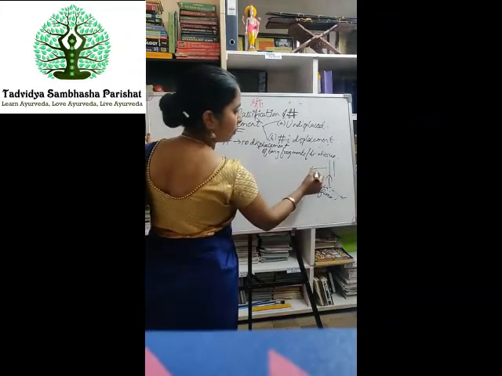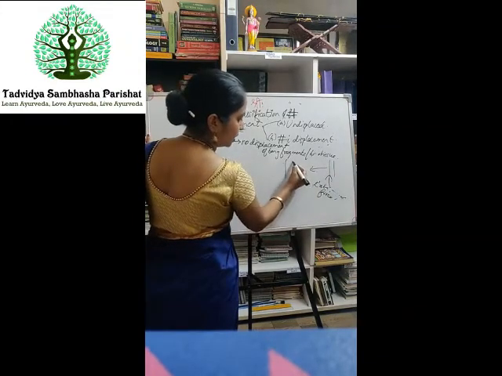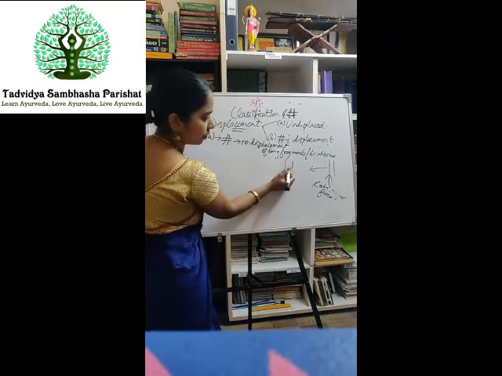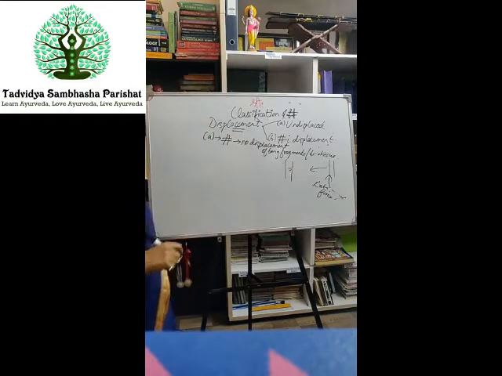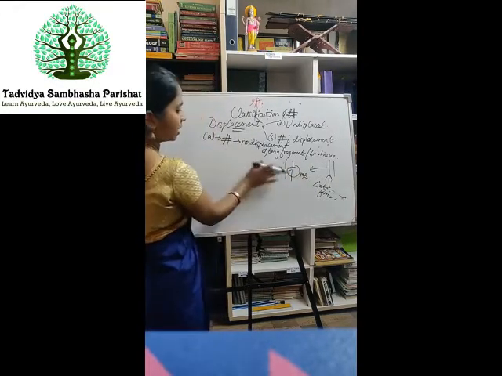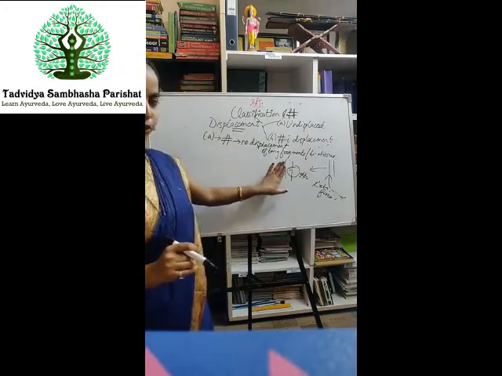Because of the force, there might be a discontinuation in the bone tissue. This is nothing but a fracture. So in an undisplaced fracture, there is no displacement of the bony fragments or the bone tissue.